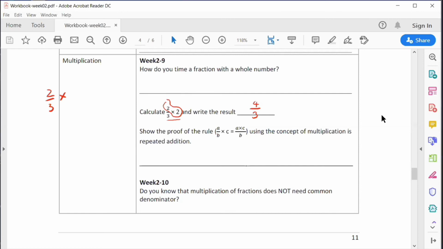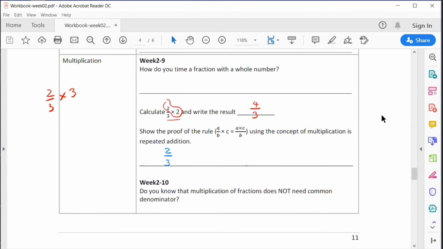Let's say, if A is 1 and B is 4, and C is 3. So 1 times 3 is 3, and then it's 3 out of 4. And if you write A times C, which is 1 times 3, out of 4, you'll still get the same answer. Something so simple like this.